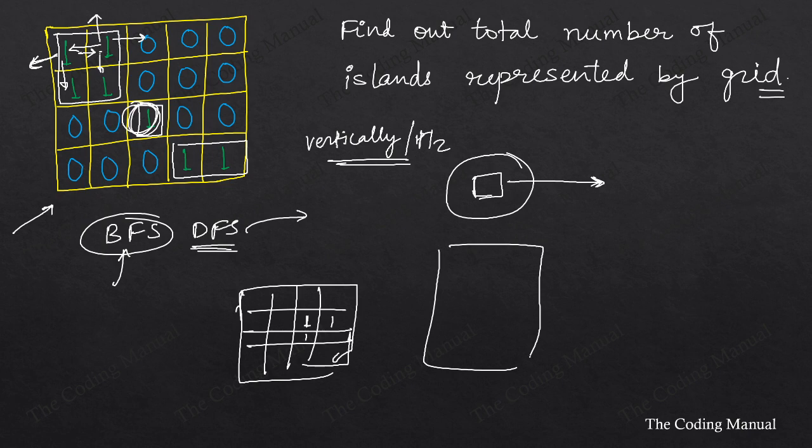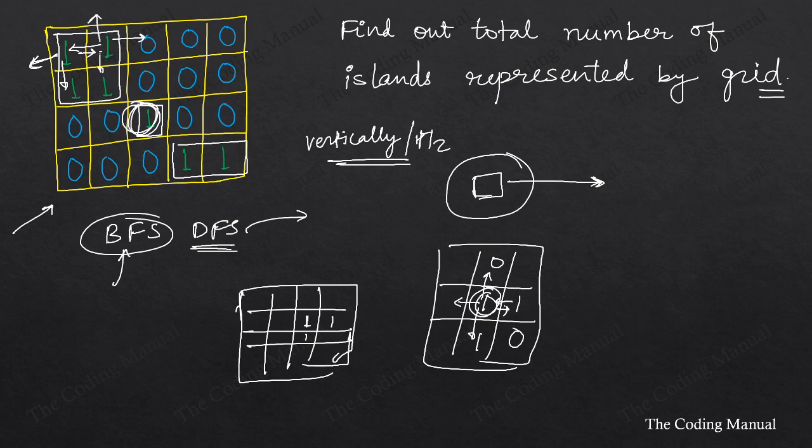Let me make it a little bigger. One is here and zero. If I'm at this point, I traverse this, I need to go up, down, left, and right. And if I don't update this, what will happen is, when I end up going right side, its left side is again 1, so I'll end up in a cycle. So that we can avoid by changing its value.